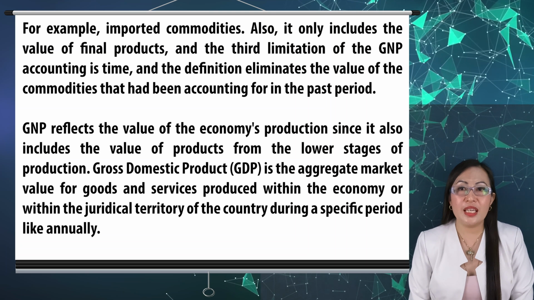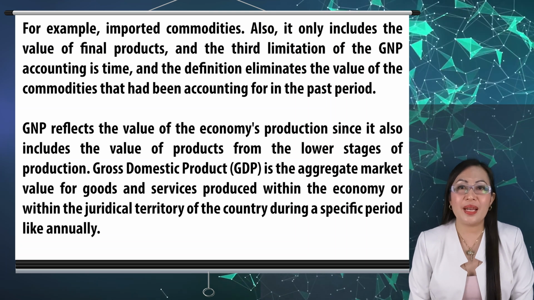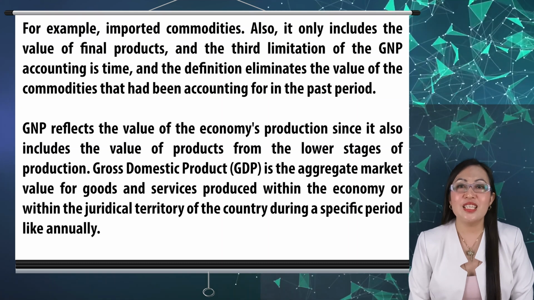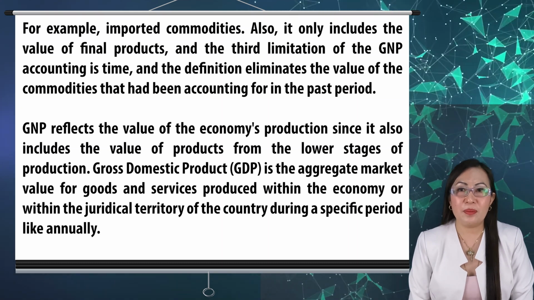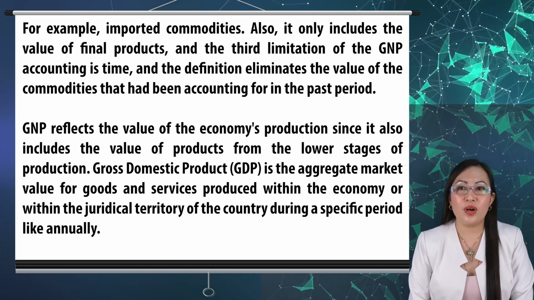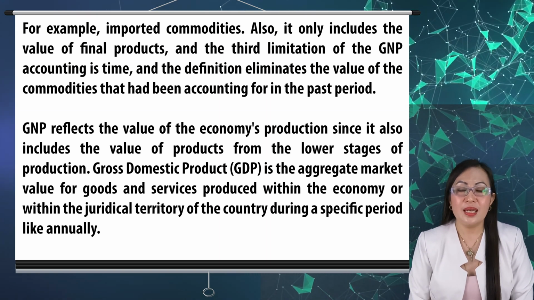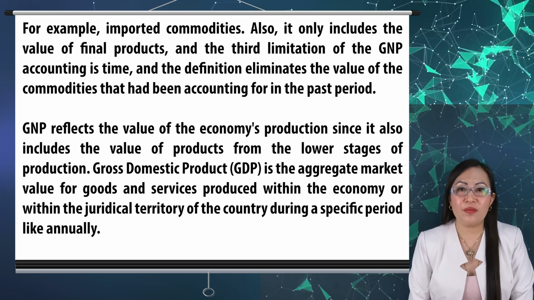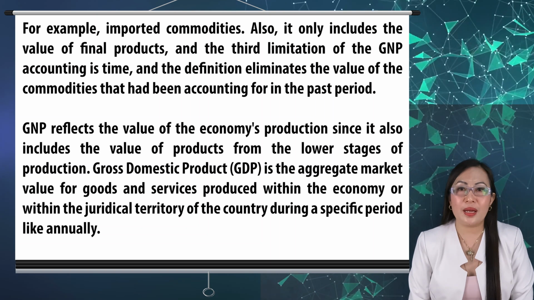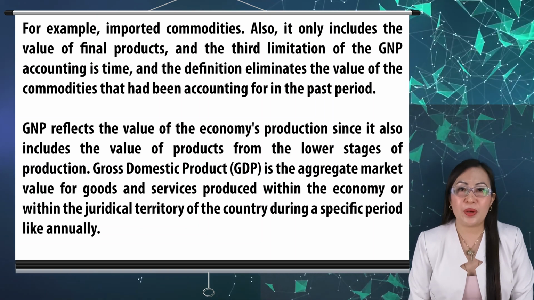Also, it only includes the value of final products, and the third limitation of the GNP accounting is time. The definition eliminates the value of commodities that had been accounted for in the past period. GNP reflects the value of the country's production since it also includes the values of products from the lower stages of production.